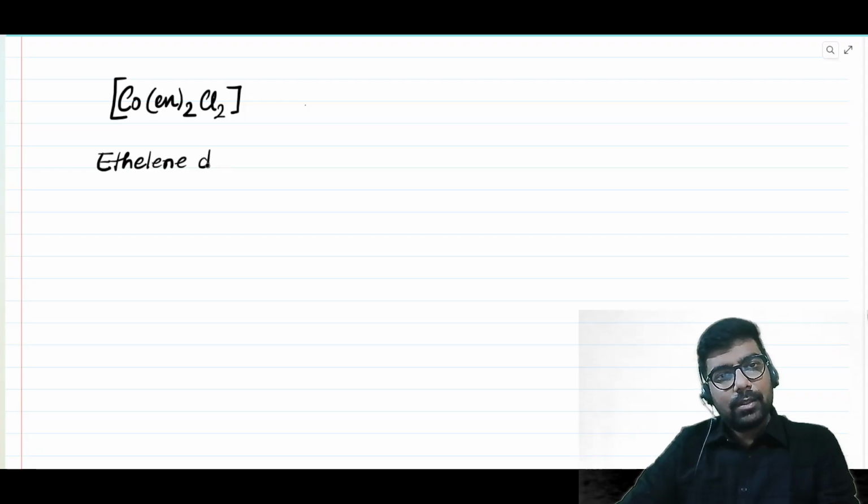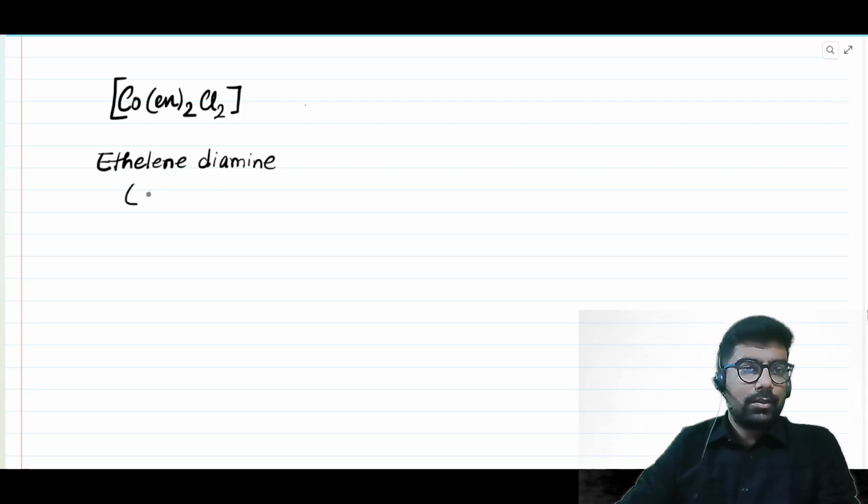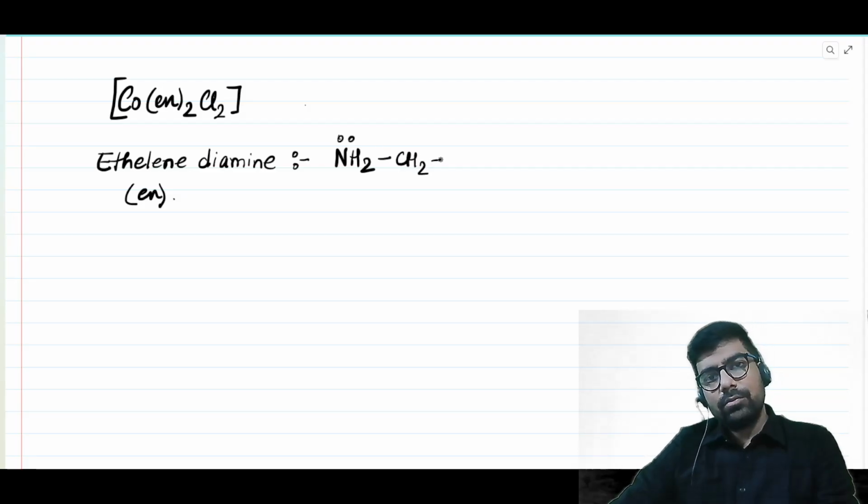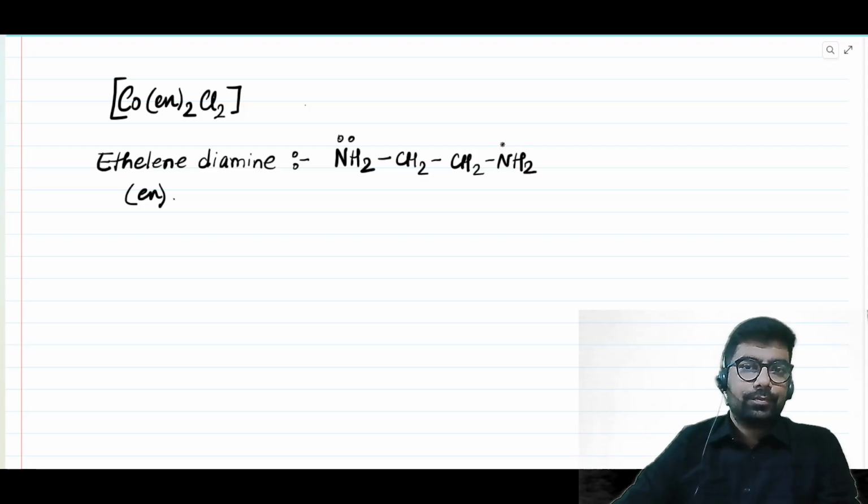We use the short form en. Ethylene diamine is a didentate, or bidentate, ligand, whatever you want to call it. Basically, this is NH2, CH2, CH2, NH2. So it is attached by 2 points, right?